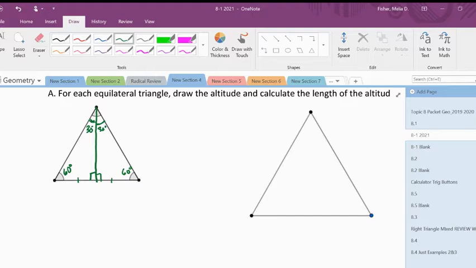So let's go ahead and say that this is 5 and this is 10. How can we find this unknown value right here, the height of the altitude? So that we have a right triangle, so we can use the Pythagorean theorem, and we can say 5 squared plus x squared equals 10 squared.